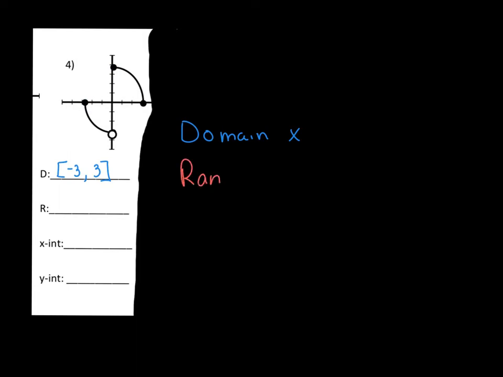Next up is our range. And our range again is all of the values in the graph that are y. So my range goes between this. All of these here are included. But down here, this very last piece is not included. So if I go through and label those points for my y, that would be 1, 2, 3, and it might be a little bit off, but I'm still going to call that point right at 4.